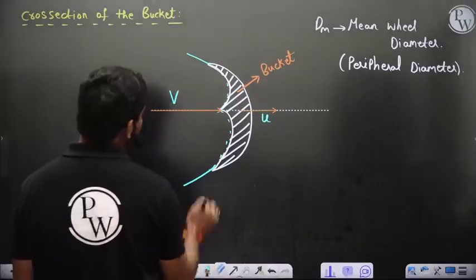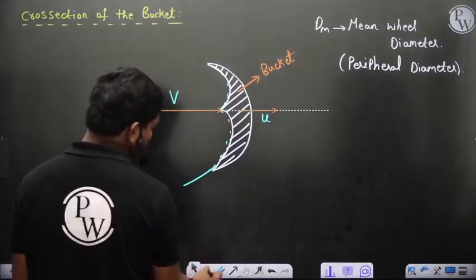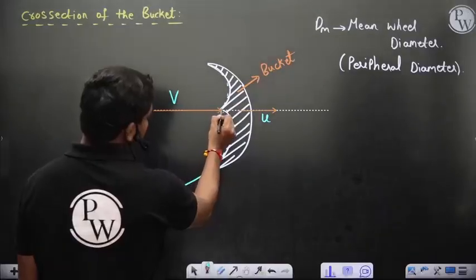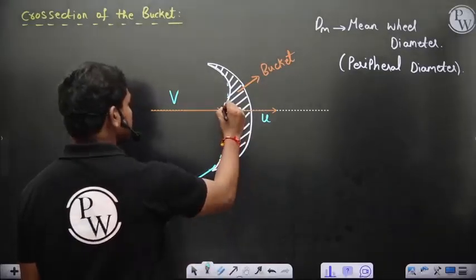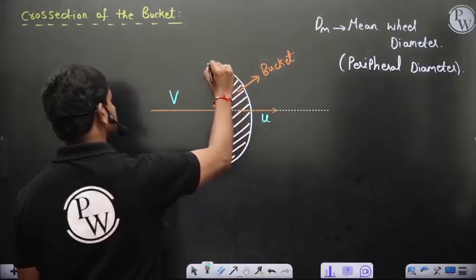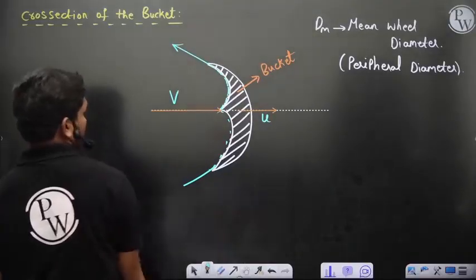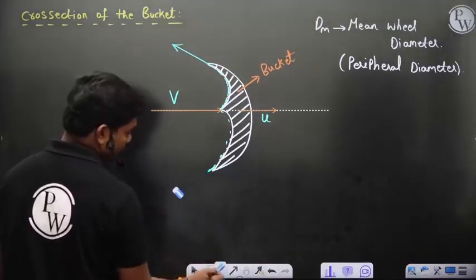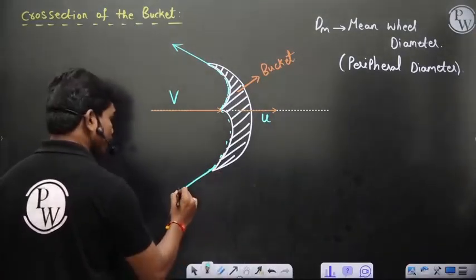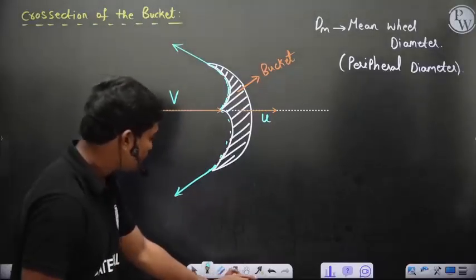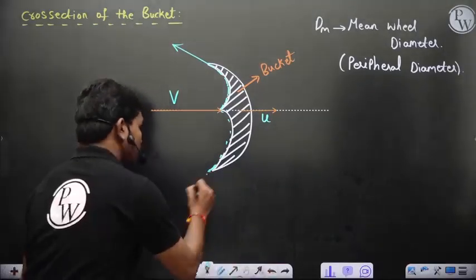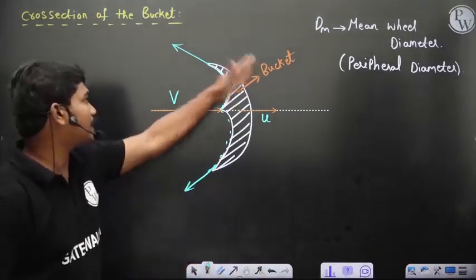The fluid particle, once it strikes, goes out in this direction, correct? In these directions. So here, if you observe, the jet is getting deflected by some angle.